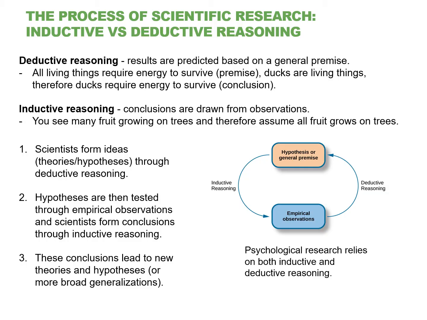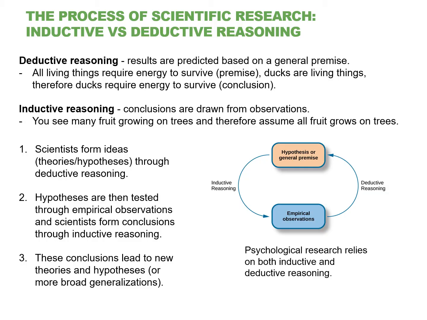In psychology, we also use inductive reasoning, where we draw conclusions based on our own observations. And we're going to be talking a little bit about observational research as well. For example, you see a fruit growing on trees in a lot of different places, a lot of different types of trees, a lot of different types of fruits, and therefore you assume that all fruit grows on trees.